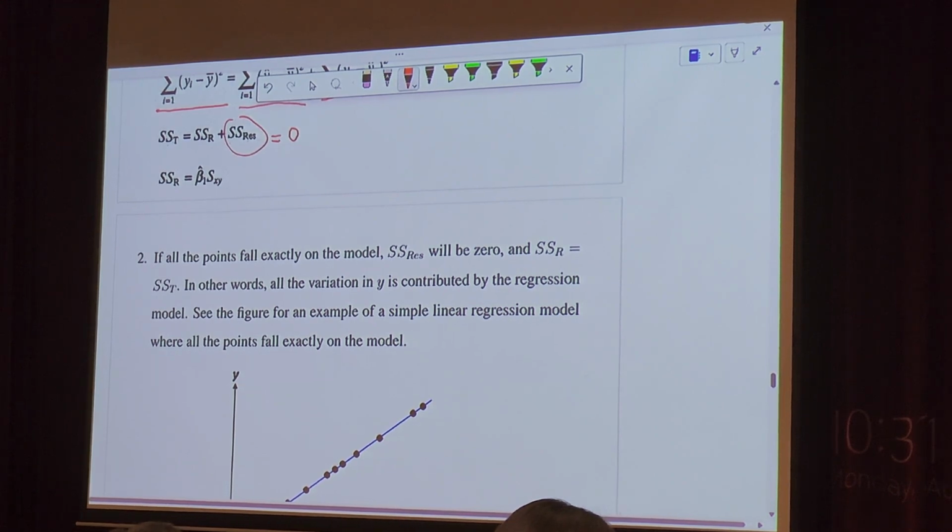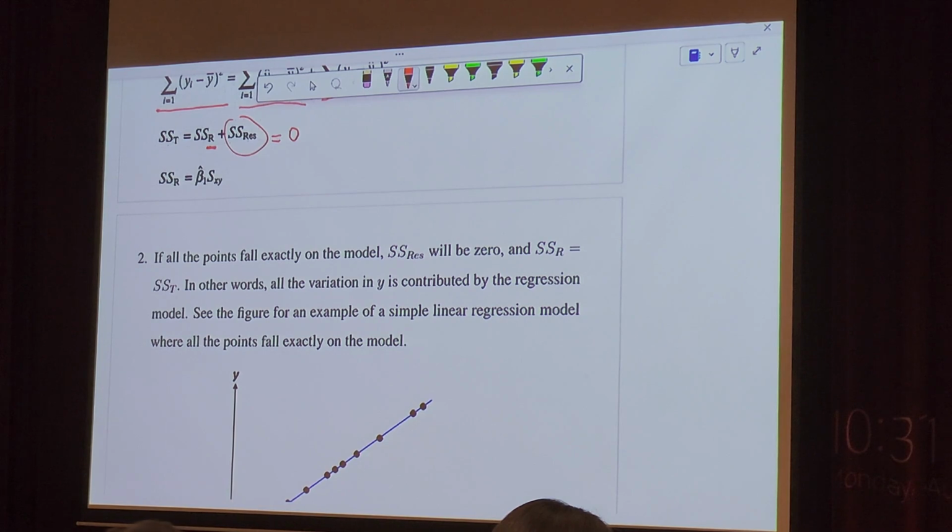So what can you say? Well, then I know the total variation in y can be explained by the regression line.